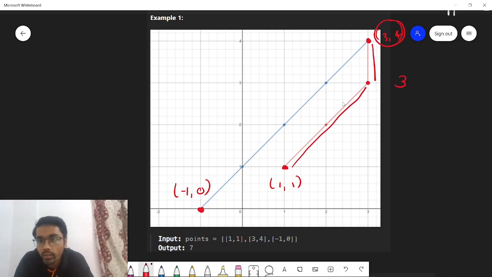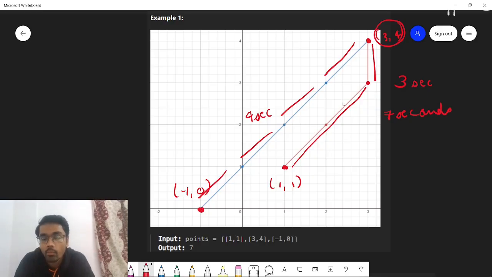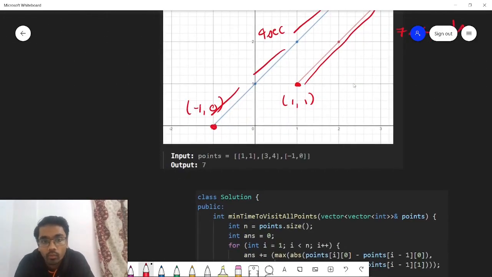So this totals 3 seconds. Then from 3, 4 to minus 1, 0 we are taking 1, 2, 3 and 4 seconds. So in total we took 7 seconds to cover all the points. So if you look at the output, it is also 7.